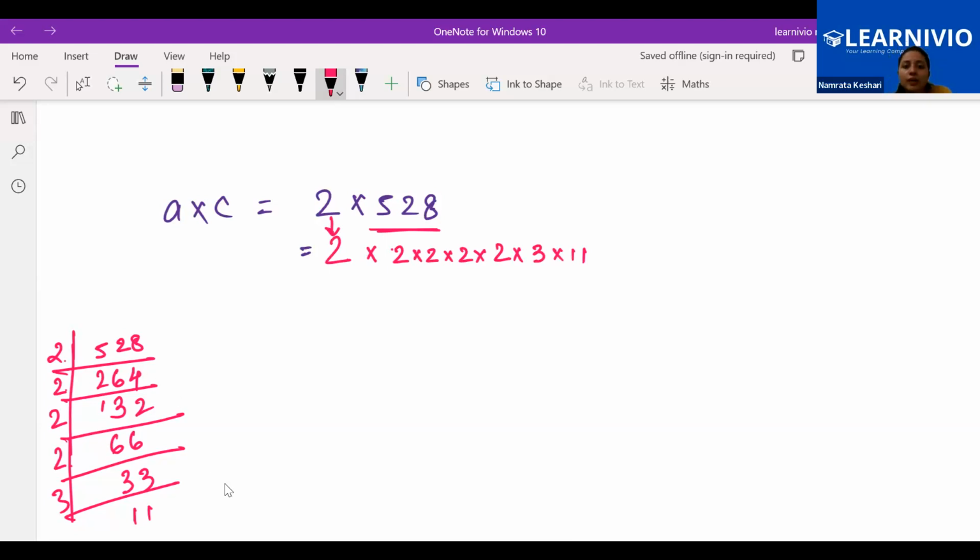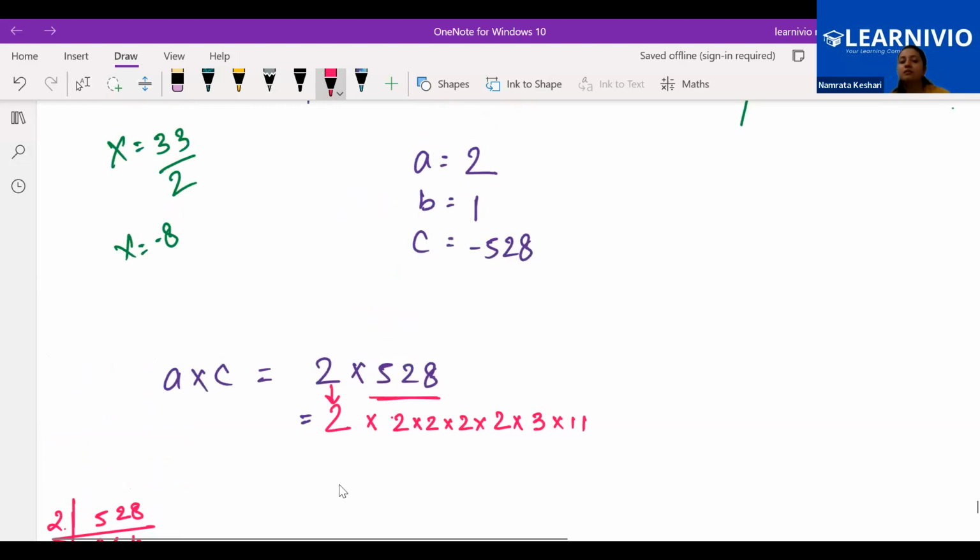Now from here we will try to make two teams, teams of the numbers. How many twos are we having? 1 2 3 4 5. 5 twos we are having, and 3 and 11 we are having. By taking all these members, we are trying to make two teams.